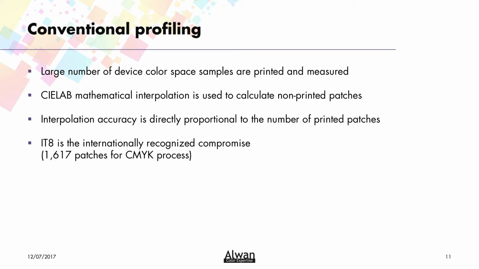So this interpolation, which is a prediction of what a CMYK patch color would have been had it been printed, has an accuracy level. And this accuracy is higher if the number of samples is higher. So you can see here the limitation of mathematical interpolation, where the highest accuracy possible is with the highest number of printed samples possible, so with the largest test chart possible.